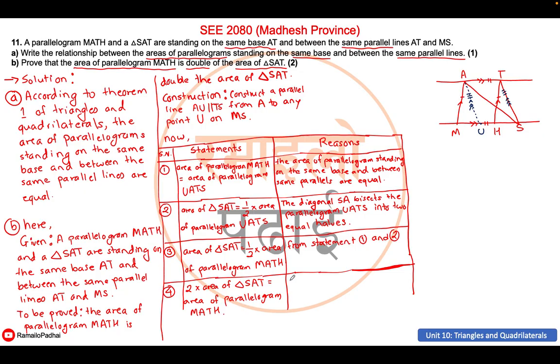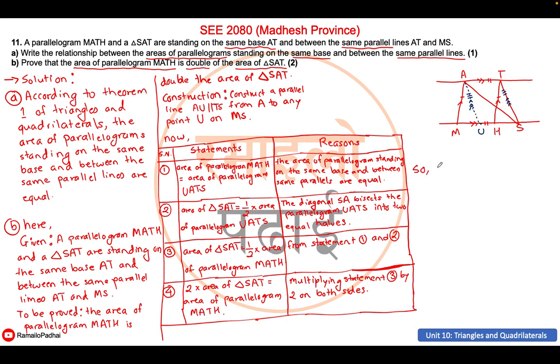Because we have multiplied statement 3 by 2 on both sides. So this is our solution, and we have proved that the area of parallelogram is double the area of triangle. Okay, so we will write the final line.